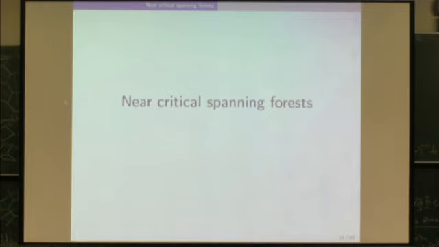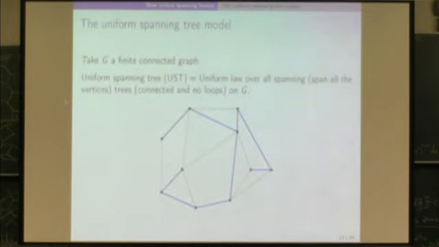Okay, so let me now talk about uniform spanning trees. I just recall very briefly the uniform spanning tree model. If you take G a finite connected graph, the uniform spanning tree is simply the uniform law over all the spanning trees that you can draw on your graph.